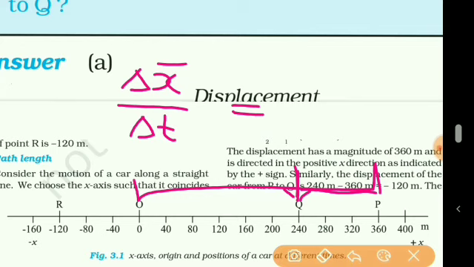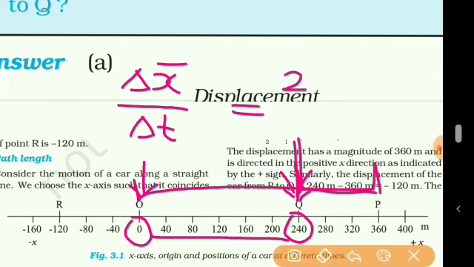So what is the displacement here? The final position was Q and initial is O. So final minus initial. Final is 240, initial is 0. So 240 minus 0 will give you 240 upon time.